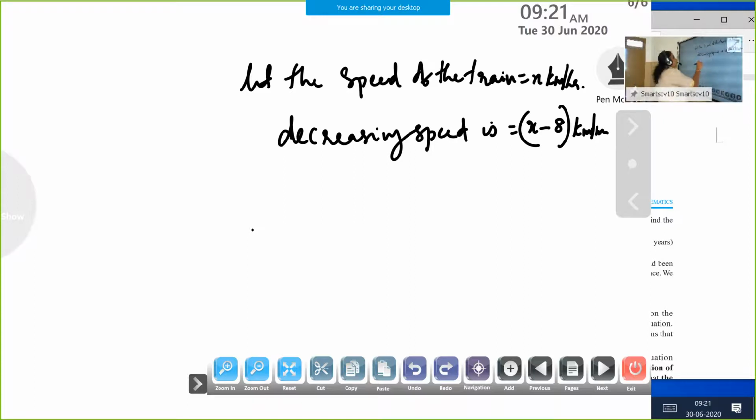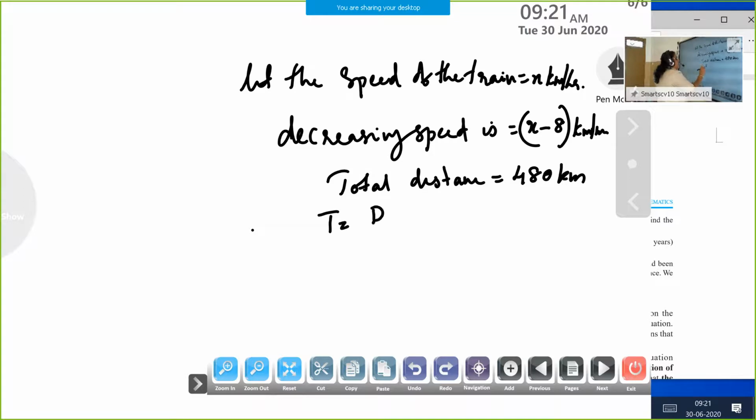If the total distance is 480 kilometers, then what is the time taken in the first case? Time is equal to distance divided by speed.